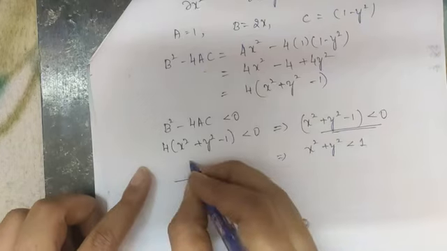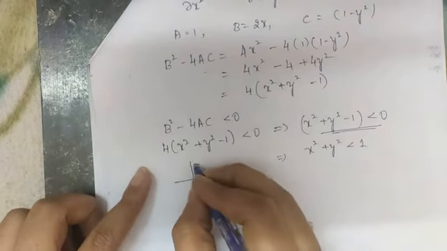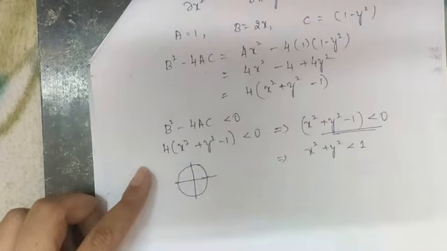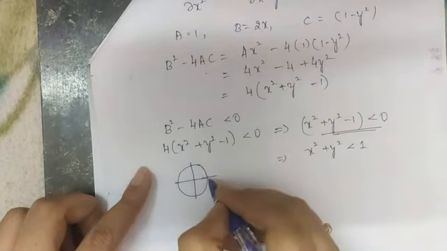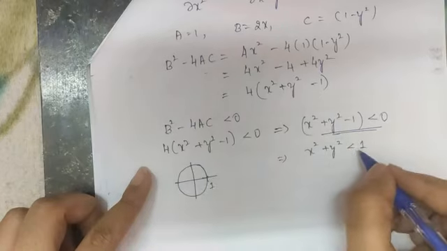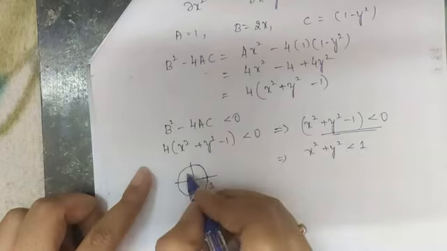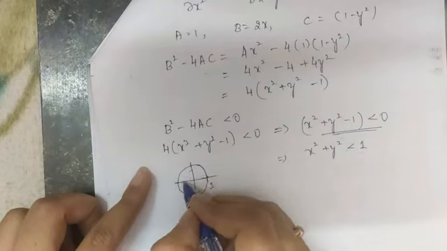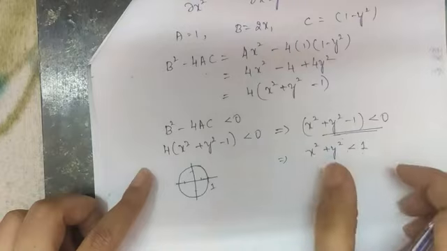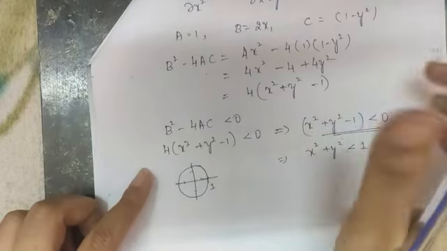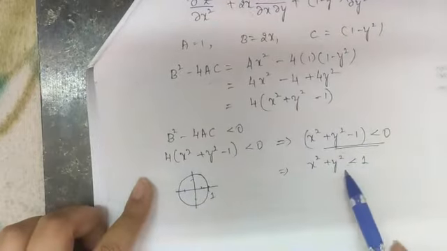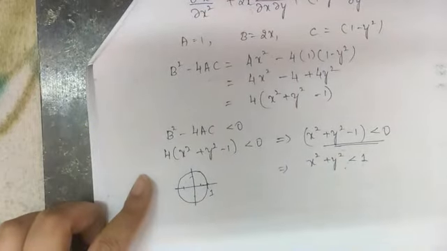So if I express this using a graph, if this is the value of 1, then x² + y² < 1 means you will get a point somewhere inside the circle or inside the boundary. So this equation is elliptic inside the boundary.